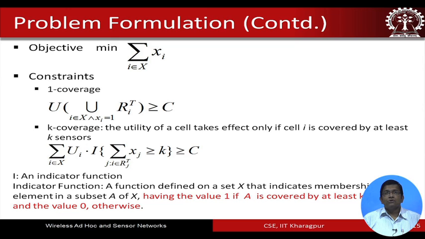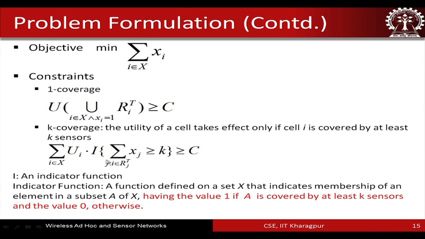If we are talking about the one coverage problem, the constraint is that the utility of the union of all these Ri's should be greater than or equal to C, which is the coverage requirement. If it is a k coverage problem, the corresponding constraint equation is as shown. This is the corresponding coverage equation, and over here I is an indicator function.